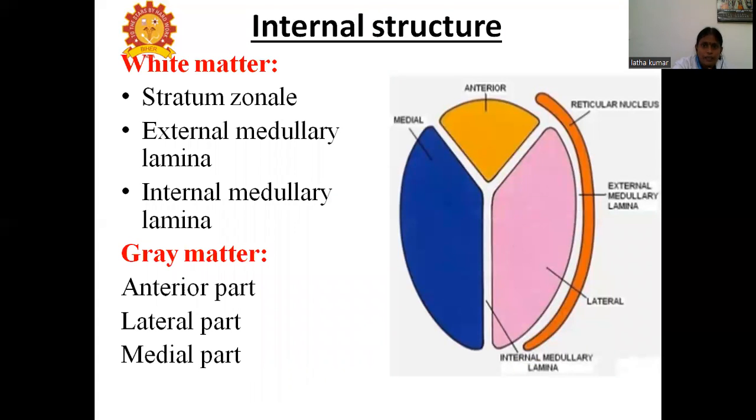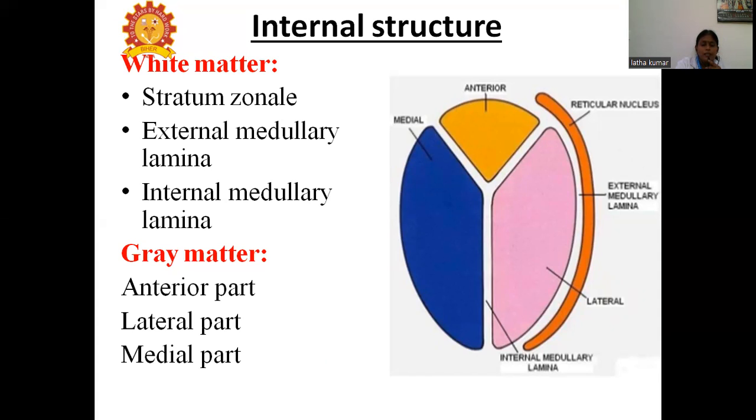Next we will move on to the internal structure. Like other parts of the brain, the thalamus consists of gray matter and white matter. The white matter is very scanty and it is divided into three parts: stratum zonale, external medullary lamina, and internal medullary lamina.